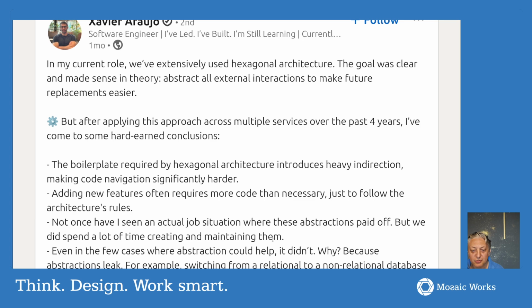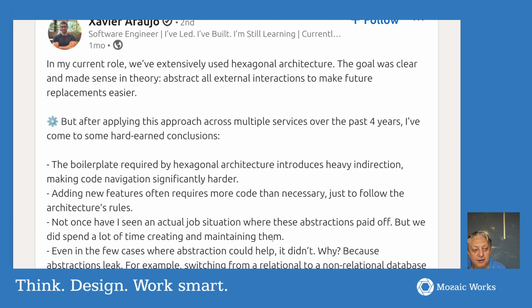In my current role, we've extensively used hexagonal architecture. The goal was clear and made sense in theory. Abstract all external interactions to make future replacements easier. Now, from here, I would argue that this is not necessarily the goal of hexagonal architecture.